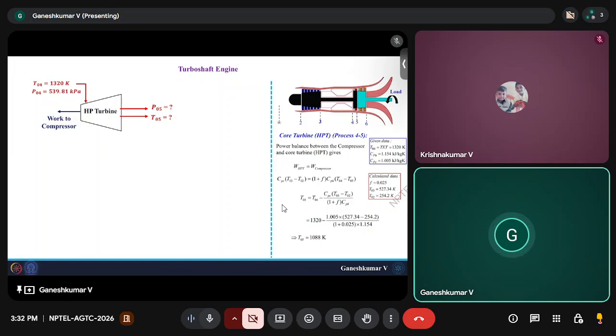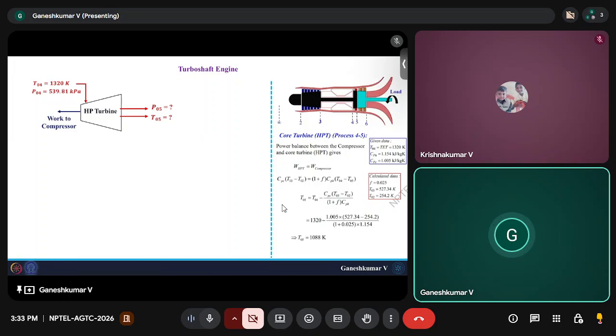But before doing that, you can probably make some guesses. Compared to this value T05, for a compressor pressure ratio of 9.5, we got the temperature at the exit of the HP turbine to be 1088 Kelvin. Now you can see that we will have to provide more work to the HP compressor.